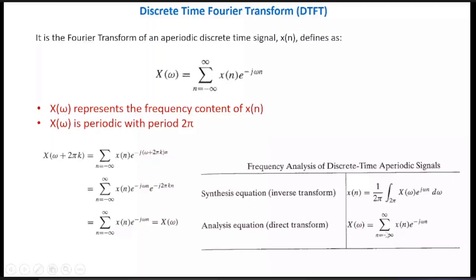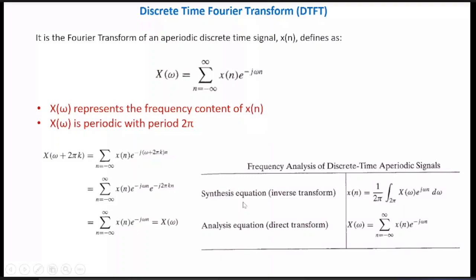The inverse transform is 1 by 2 pi times the integral of x of omega e to the power j omega n d omega. This is the formula. The analysis equation is called the direct transform, and the synthesis equation is called the inverse transform.